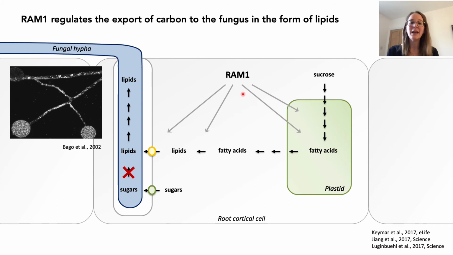So RAM1 regulates the expression of genes that then encode proteins that will make these lipids for the fungus. And that then explains a lot of the phenotype that we see in a RAM1 mutant, where arbuscules are not properly formed because this nutrient exchange that includes lipids in addition to sugars does not take place properly.